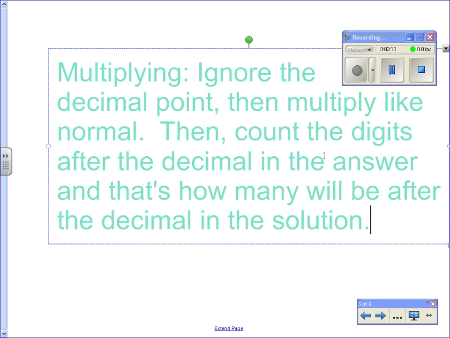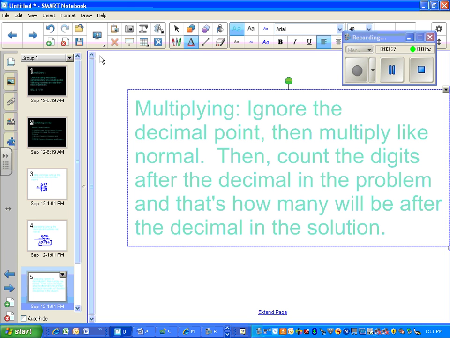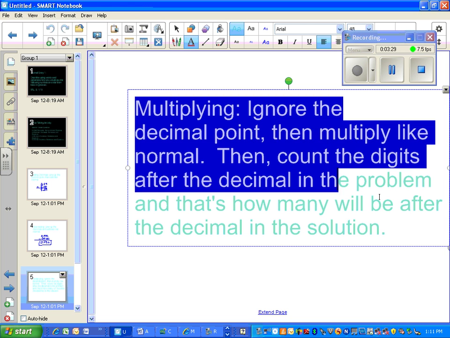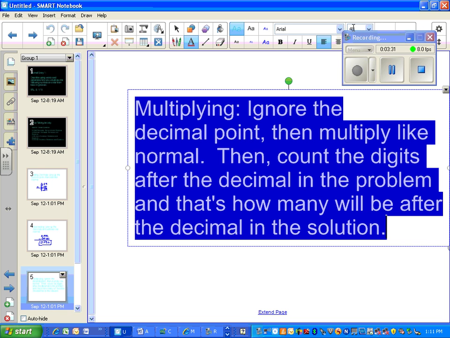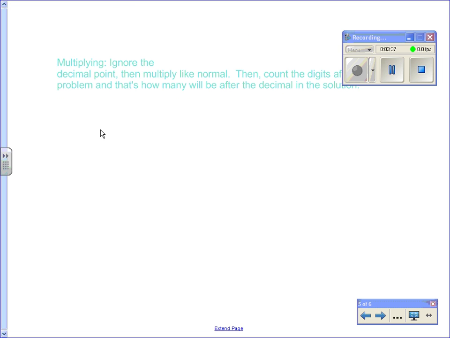And by answer, I should have said problem, and that was my bad. So let me make that a little bit smaller so that we have some room to work our example. Okay, so we're going to multiply like normal, then count the digits after the decimal in the problem.